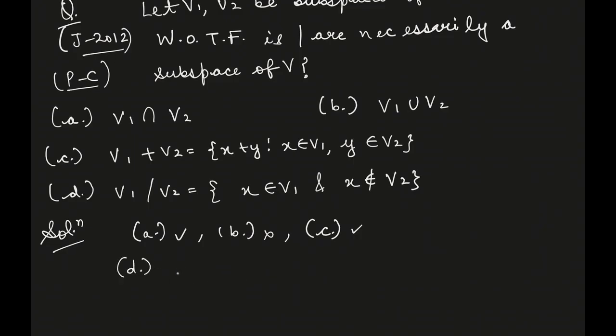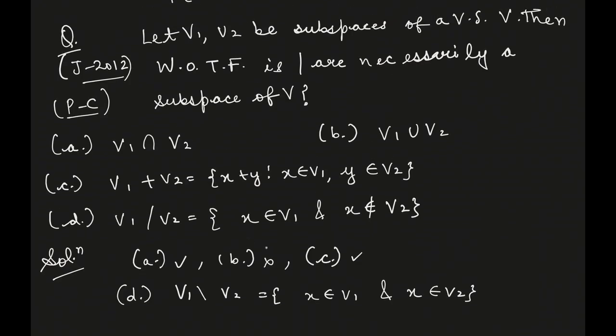See, V1 minus V2 will also be contained in V, but V1 minus V2 is contained in V1. So, can't say.